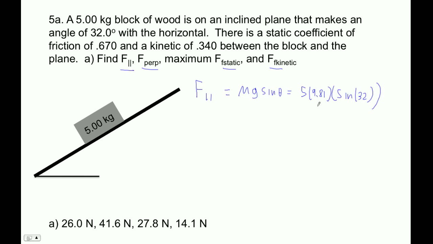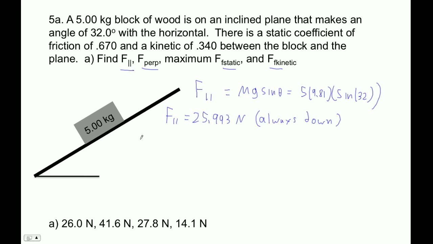And you get 25.993, roughly. This is a force that always acts down the plane. If you are doing any F equals ma, this guy's there, it's always down the plane, it's always negative.